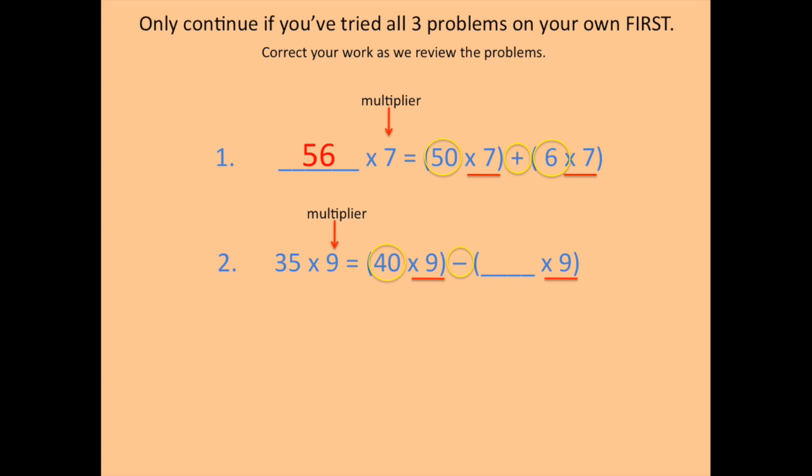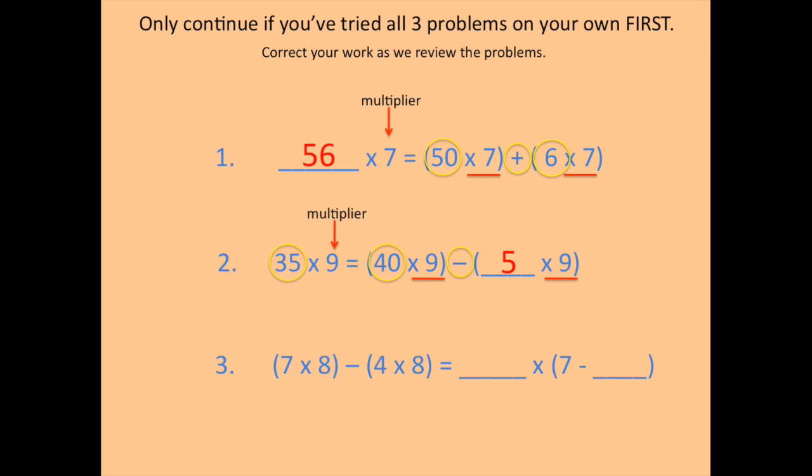Altogether, I have a total of 35 groups of 9. So I have to ask myself, how many groups of 9 do I have to take away from 40 groups of 9 to have a total of 35 groups? I would need to take 5 groups of 9 away from 40 groups of 9 to have 35 groups of 9.